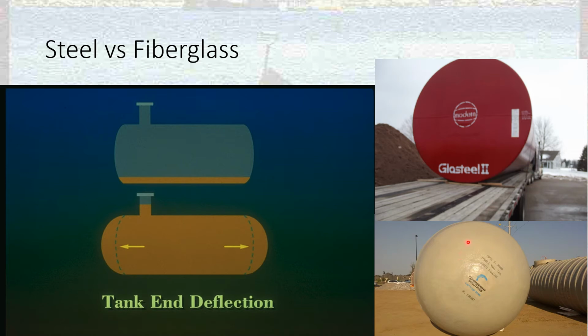And then if it has a rounded end or a convex end on the end of it, like these right here, that tells you it's a fiberglass tank. So it's just a quick and easy way you can tell when you're looking at a tank, either in drawings or in real life, and tell if they're a fiberglass or a steel tank.